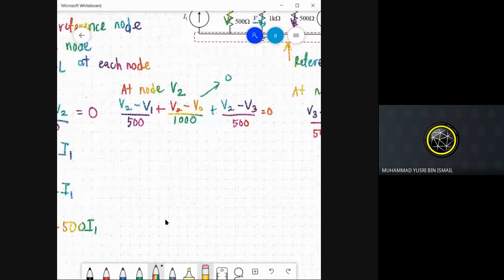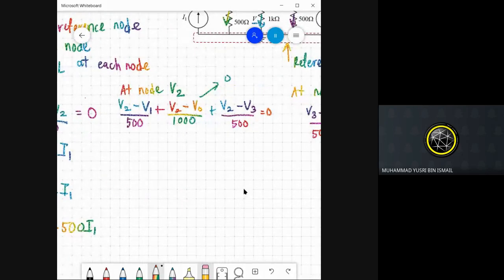And then going to the node V2. Okay, node V2, I will write it like this.